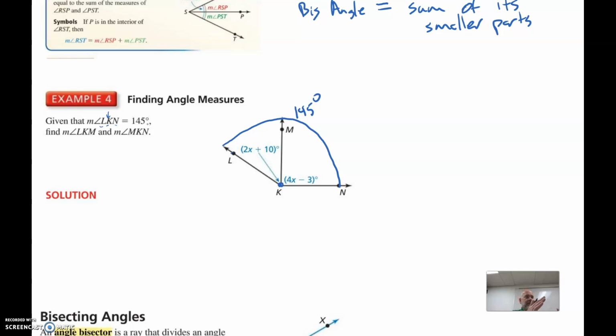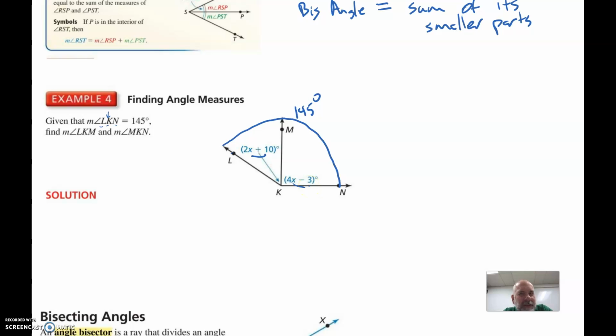So it's saying that it takes 145 degrees to turn from facing L, if you're standing on K, to facing N, right? And they're asking you to find the measure of these smaller angles, LKM, that's this little one right here, and MKN, that's this angle right here. It's a question of the two small angles adding up to the big one, but we don't know how big the small angles are because they've got x's in them.